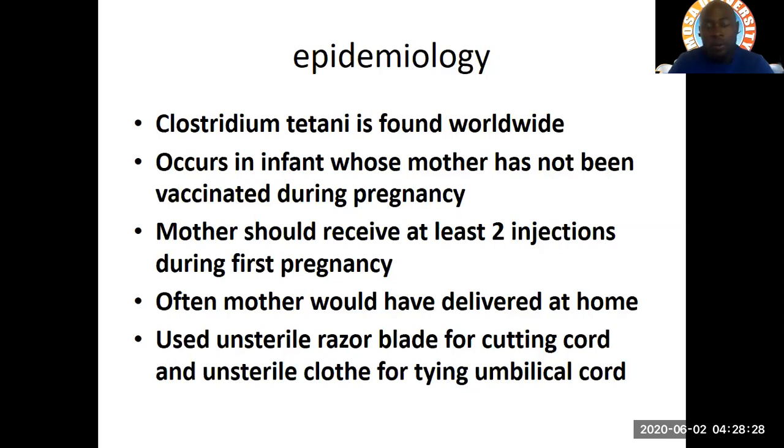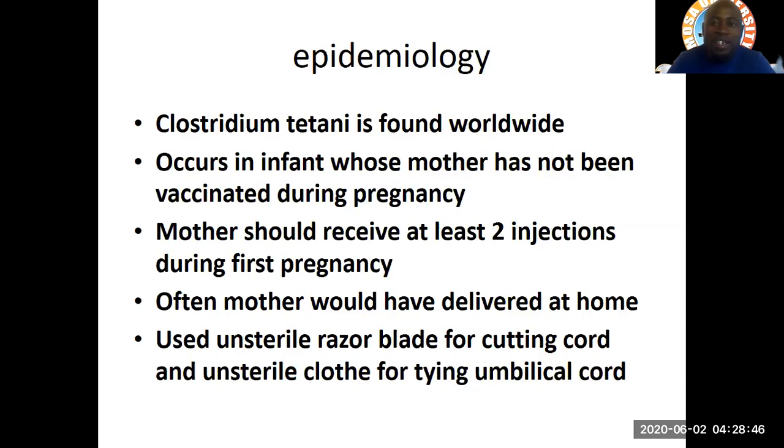Also, under epidemiology, we look at those mothers who deliver at home. During the management of the third stage of labor, we do the cord clamping and the delivery of the placenta, and that must be a sterile procedure, because that is where infections can be introduced.